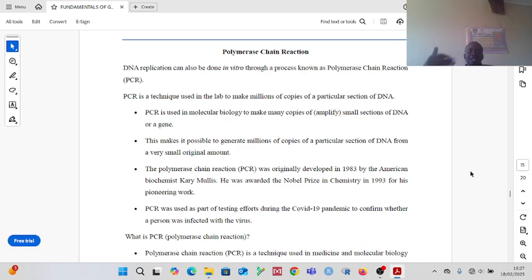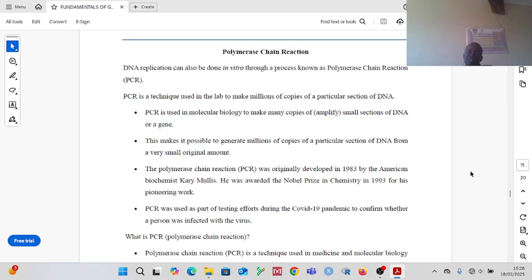So I'll take you through this PCR, the polymerase chain reaction. As I've said earlier, DNA replication can also be done in vitro, and that process is what we call the polymerase chain reaction, abbreviated as PCR.